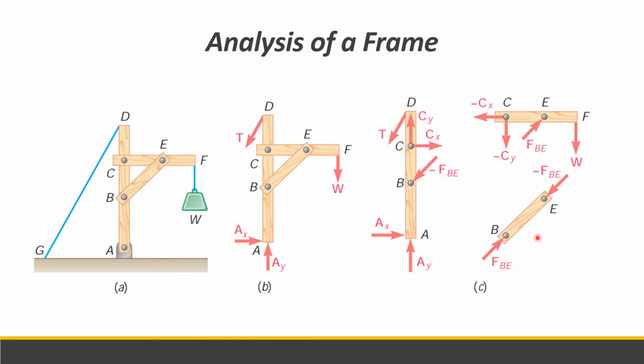Okay, so with reference to Newton's third law, the force exerted at B for member BE must have the same magnitude but opposite sense to the force exerted at B at member AD.